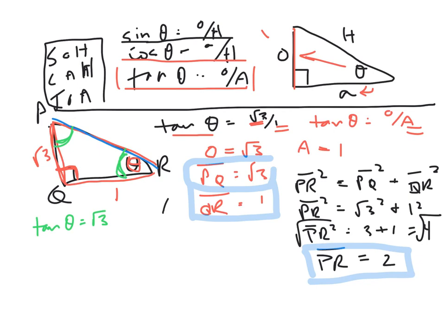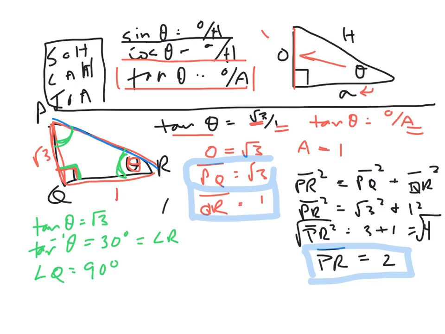So I need to find the opposite of tangent: the tangent minus 1, or the antitangent, of root 3. If I do that on my calculator, it's 30. So I know that angle R is 30 degrees. I know that angle Q is 90 degrees because they told me that is a right angle.